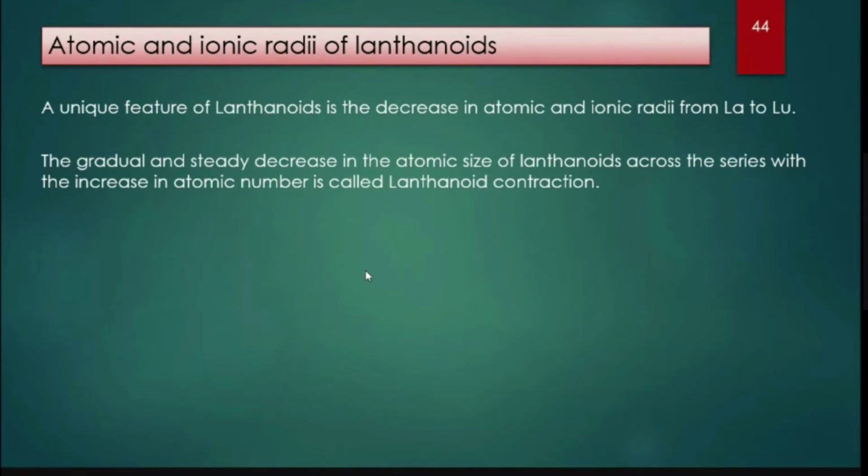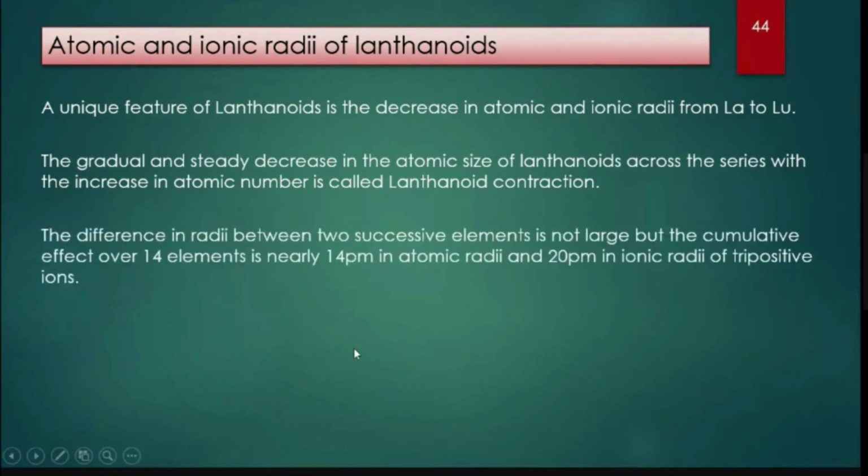When we move from left to right in the lanthanide series, there is a gradual and steady decrease in atomic size with increase in atomic number. So as the atomic number increases, we see the gradual and steady decrease in atomic size. This is known as lanthanide contraction.